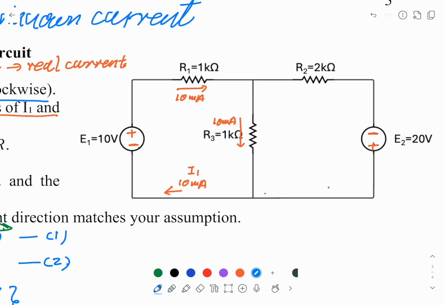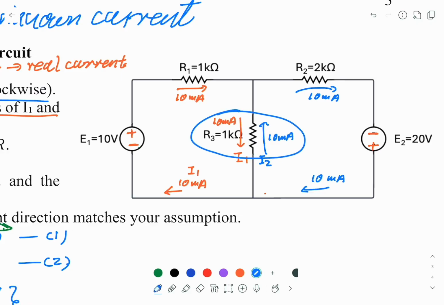So this is 10 mA. Now here it goes up 10 mA, and here 10 mA. So you can see the I1 on the left hand side and the I2 on the right hand side. In this particular case, they cancel out. So there's no current passing through R3.